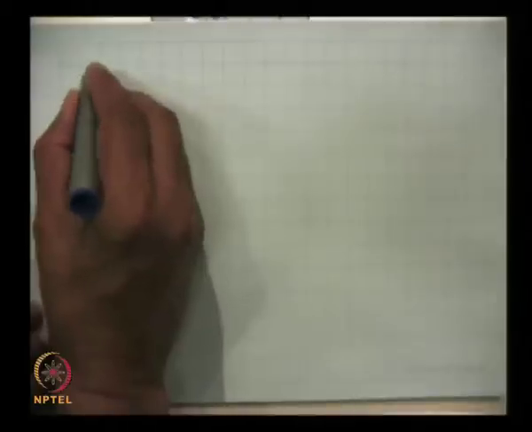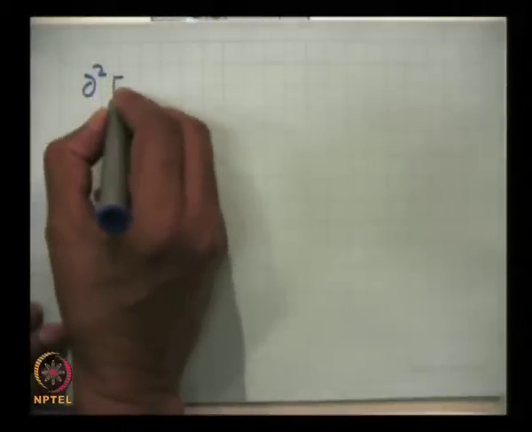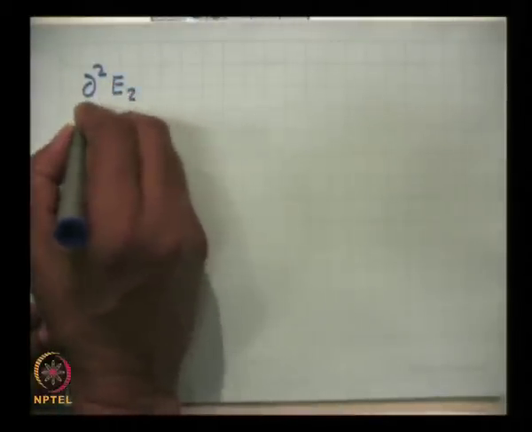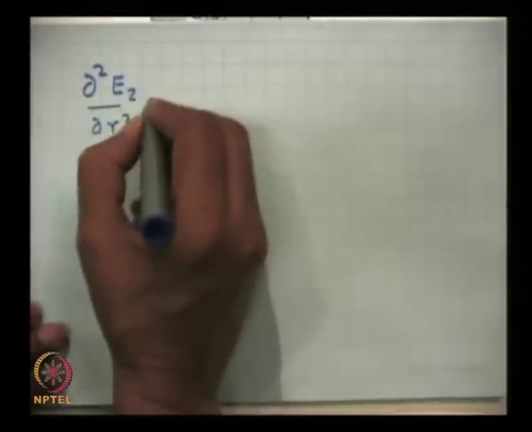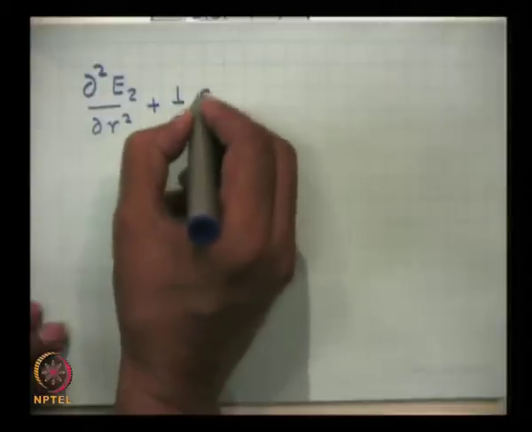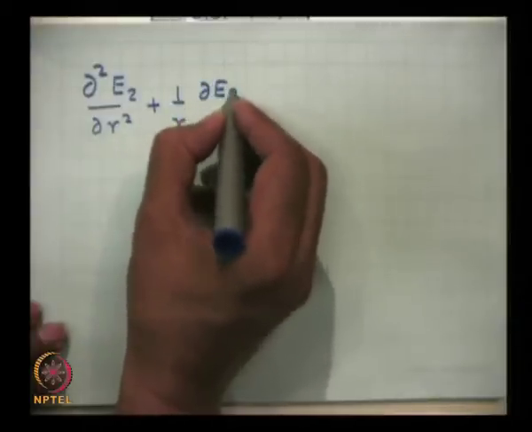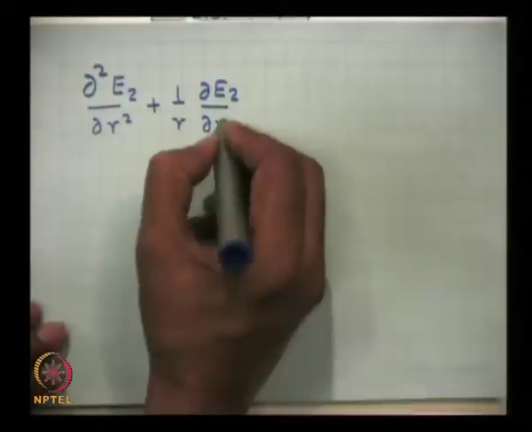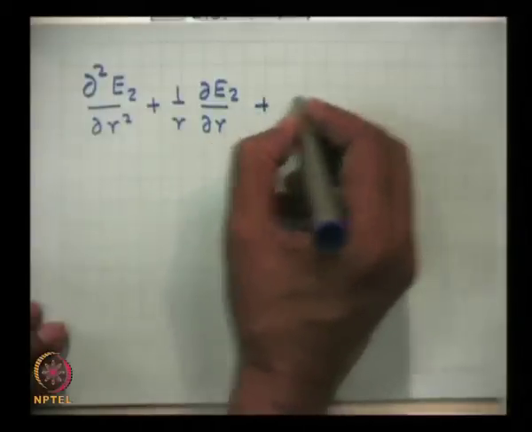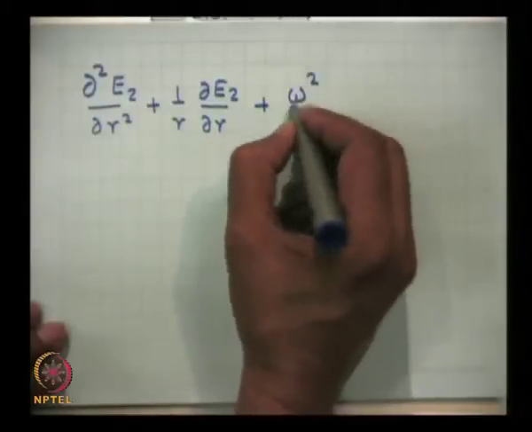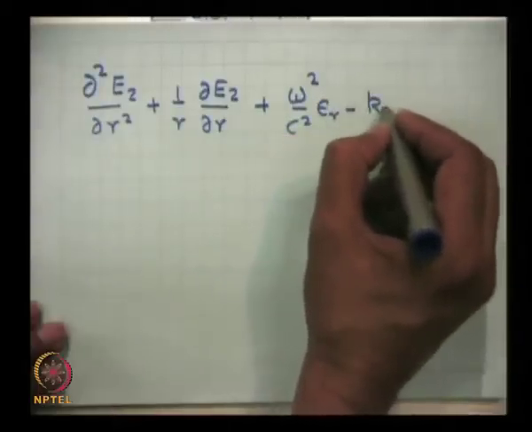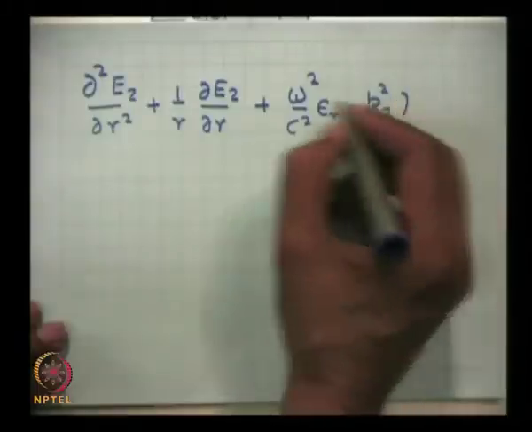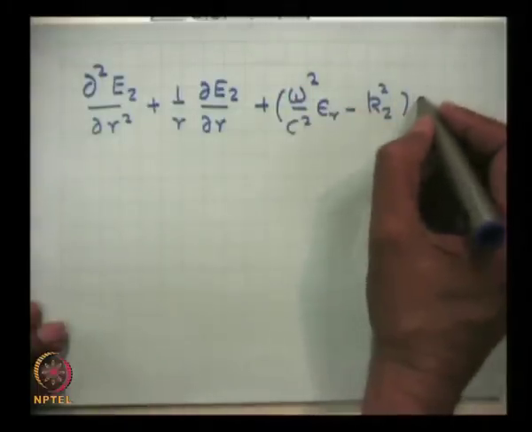It becomes ∂²Ez/∂r² plus (1/r) ∂Ez/∂r plus (ω²/c² εr minus kz²) into Ez.